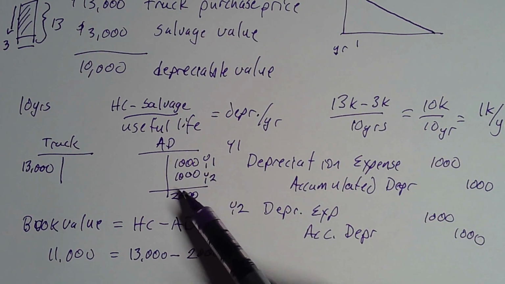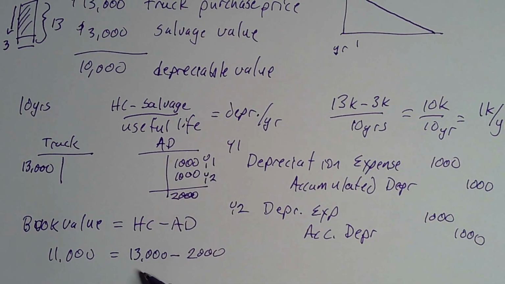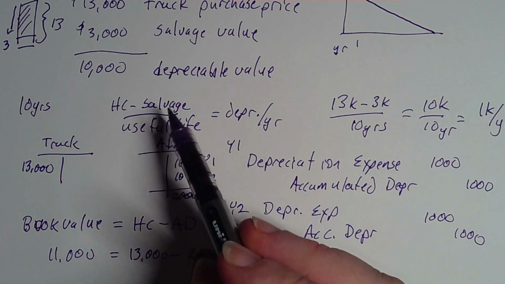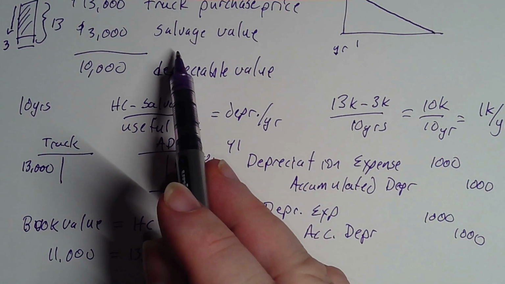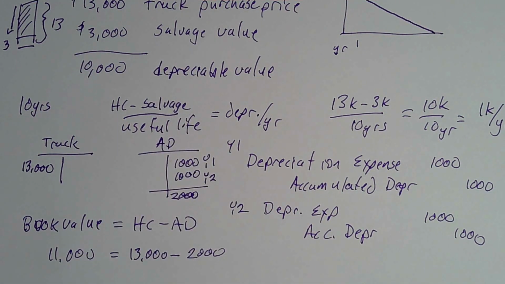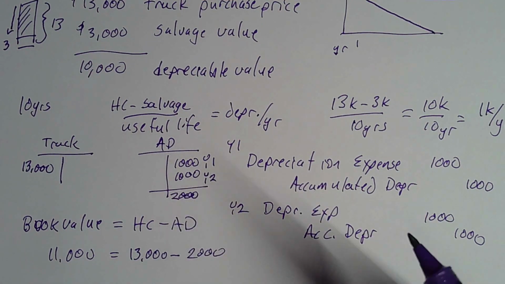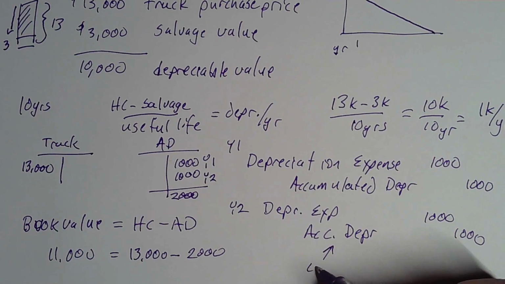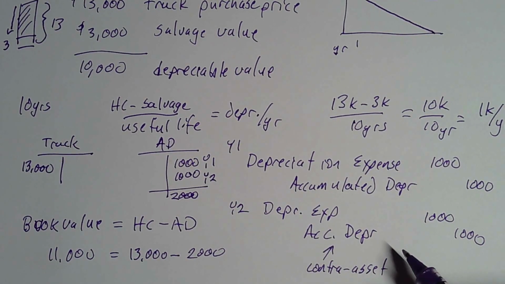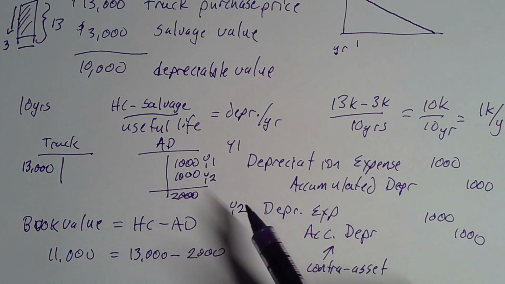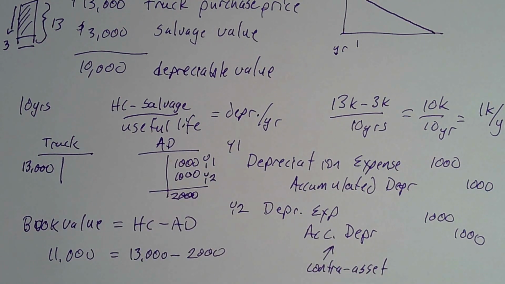So after 10 years, it's going to be $10,000. So historical cost minus accumulated depreciation would be $13,000 minus $10,000, which would leave it at the salvage value of $3,000, which is where we're going to stop depreciating it. So just remember that the accumulated depreciation is a contra account. It's a contra asset account. And it's there to track the depreciation, or how much we've used the truck by.